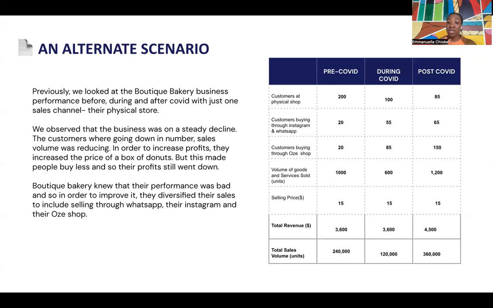We also notice that because of how significantly the customers buying through some of these sales channels increased post-COVID, the volume of goods and services sold, and so the number of units sold, actually went up. And because these two things were high, they didn't need to increase the price to make more profits or offset some of the losses during COVID, because they actually didn't lose very much revenue during COVID.